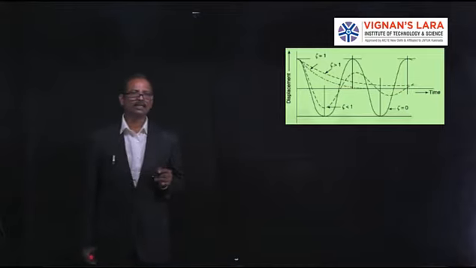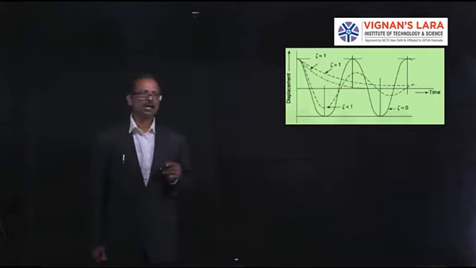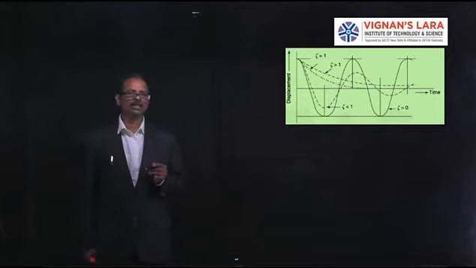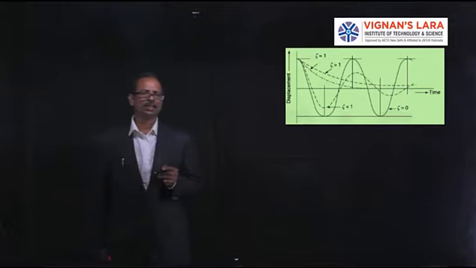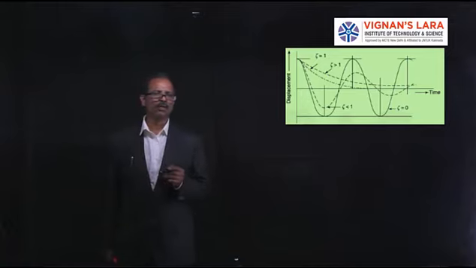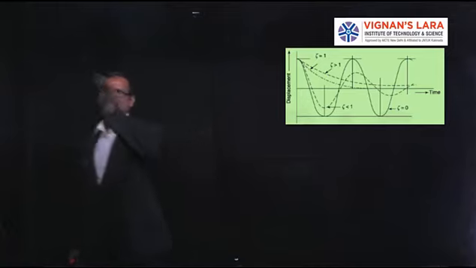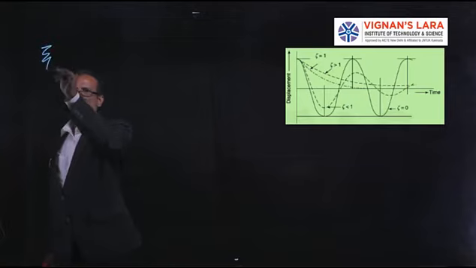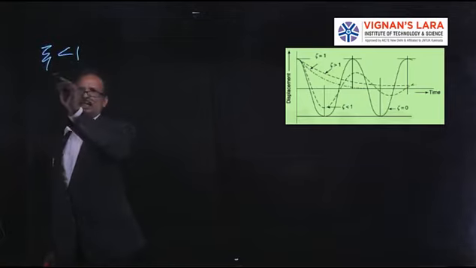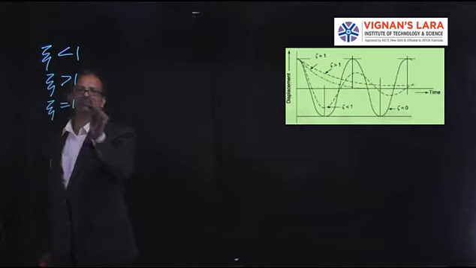Now let us see how zeta influences three different categories of vibrations: over damped, under damped and critical damped. We have just now defined zeta, which is less than 1, greater than 1, and equal to 1. These are the three things which we said.